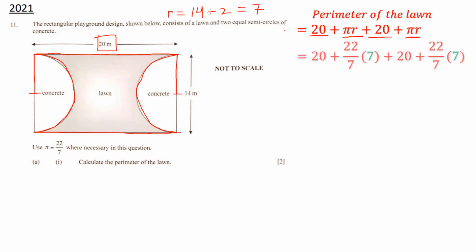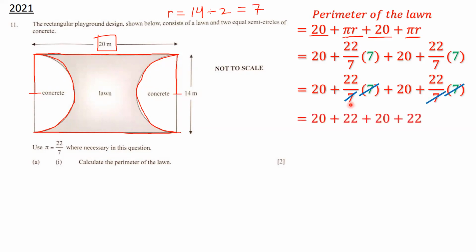So let's plug it in. We have 20 plus 22/7, that's pi, times r. R is 7, plus 20, plus pi r. Pi r is 22/7 times 7. Now what we're going to do in this case is cancel out the 7s. This 7 cancels with that 7, and that 7 cancels with that 7.